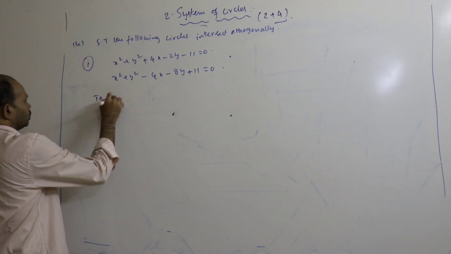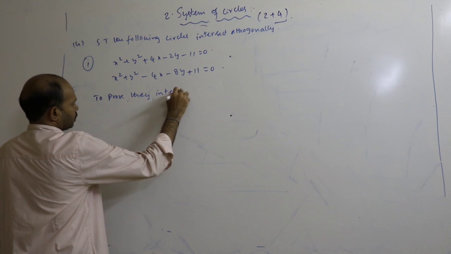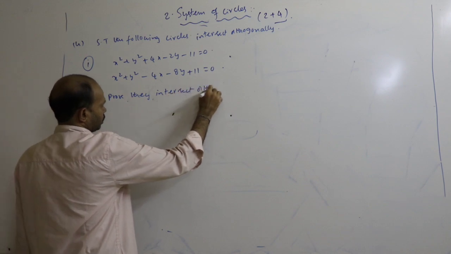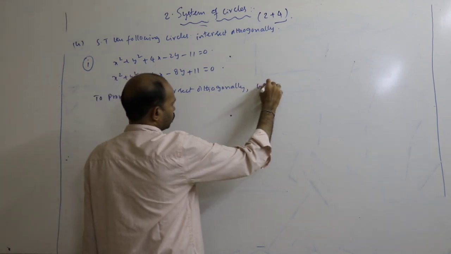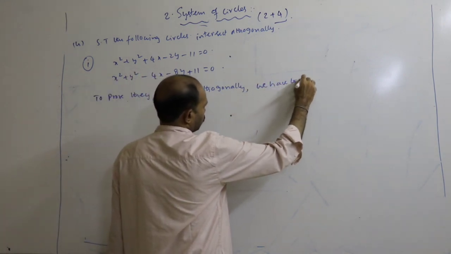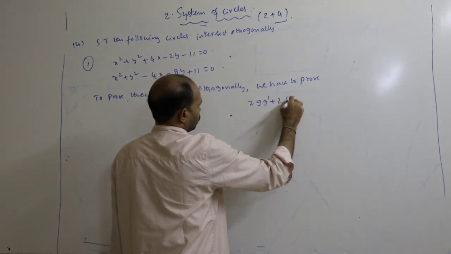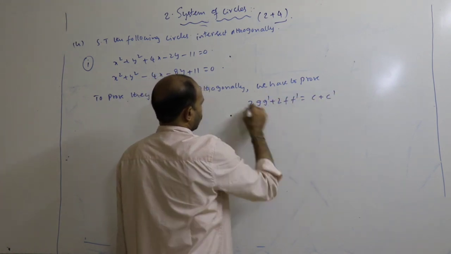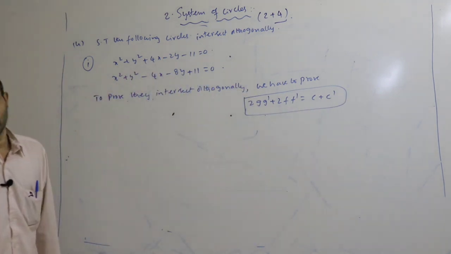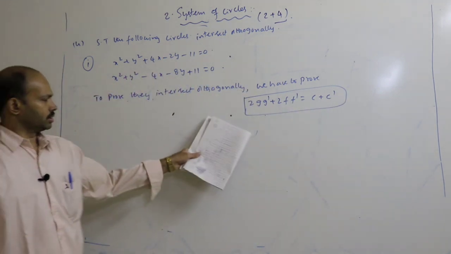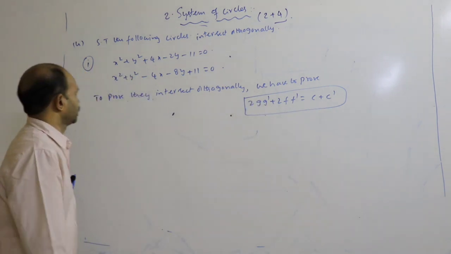To prove they intersect orthogonally, we have to show that 2gg dash plus 2ff dash is equal to c plus c dash.